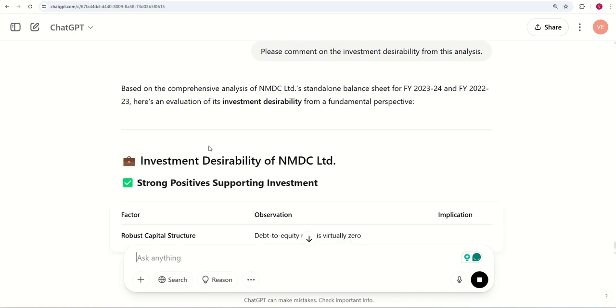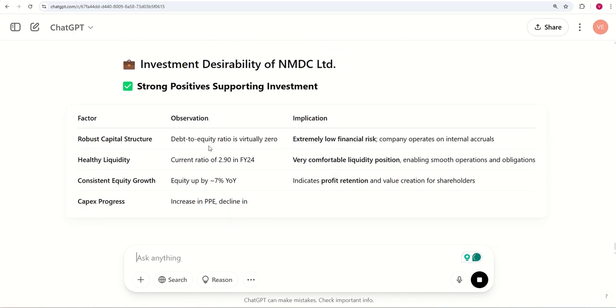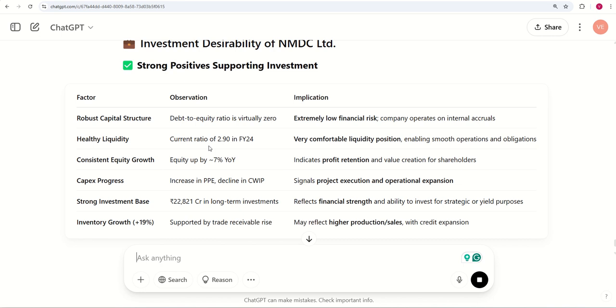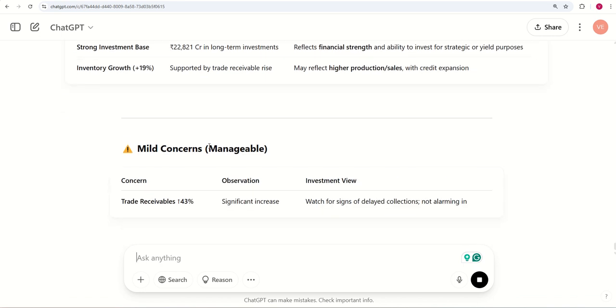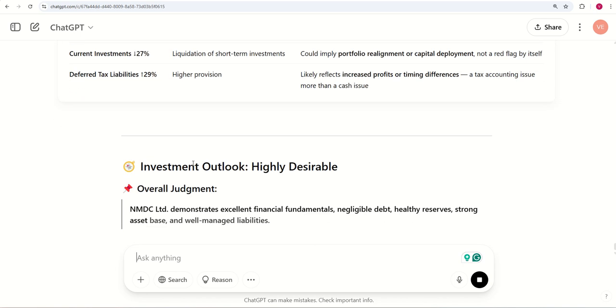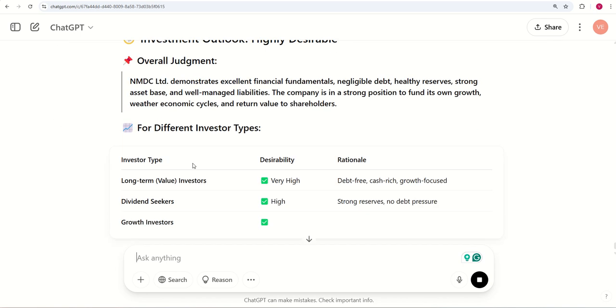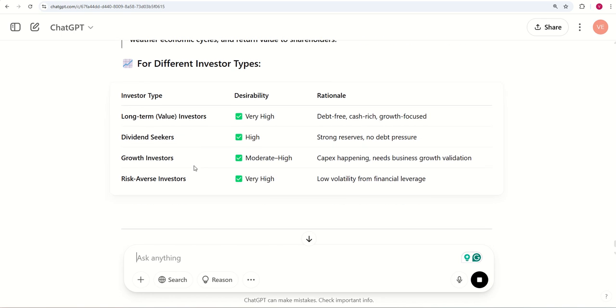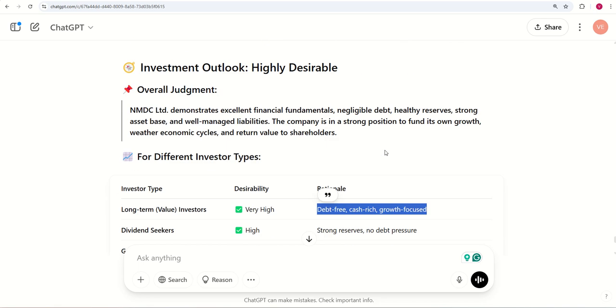So let me also extend this prompting to another model, Claude, and let us see how the output comes. It is categorizing investors into long-term dividend seekers, growth. For all these categories it is desirable, and the reason is based on the analysis of just 2 years of balance sheet.